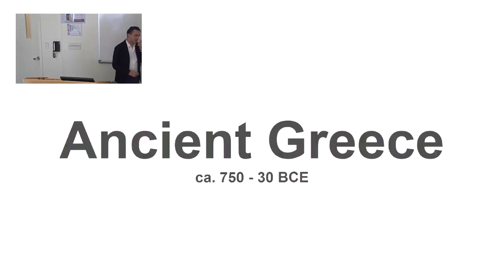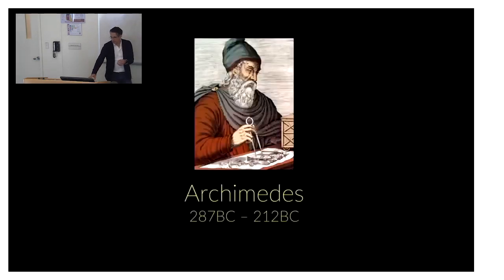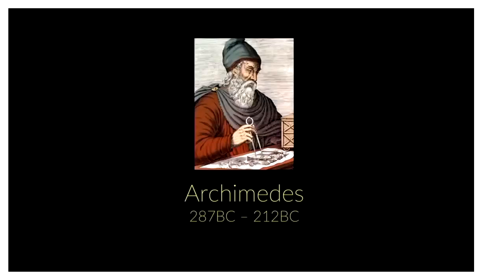So then we're going to jump from ancient Egypt to ancient Greece. I want to start with this guy. There are a lot of different Greek philosophers and mathematicians, but I want to deal with the fun stories first. So Archimedes.